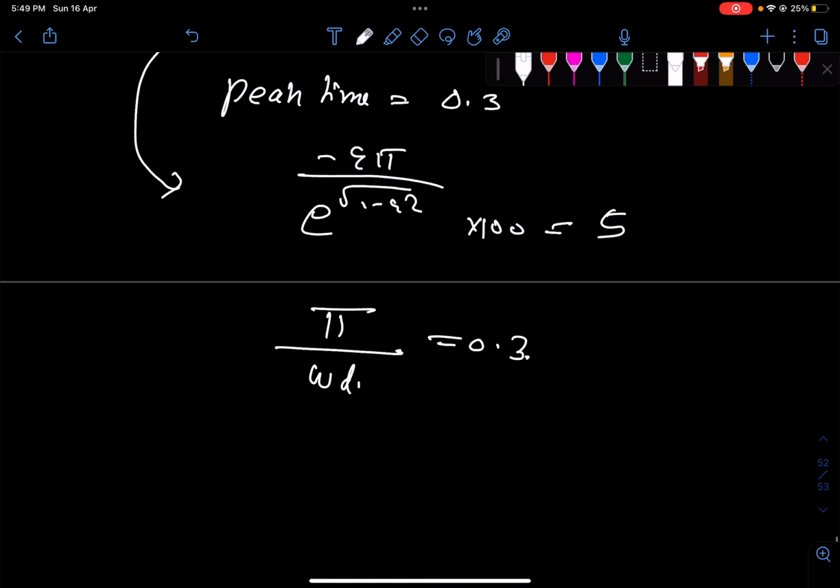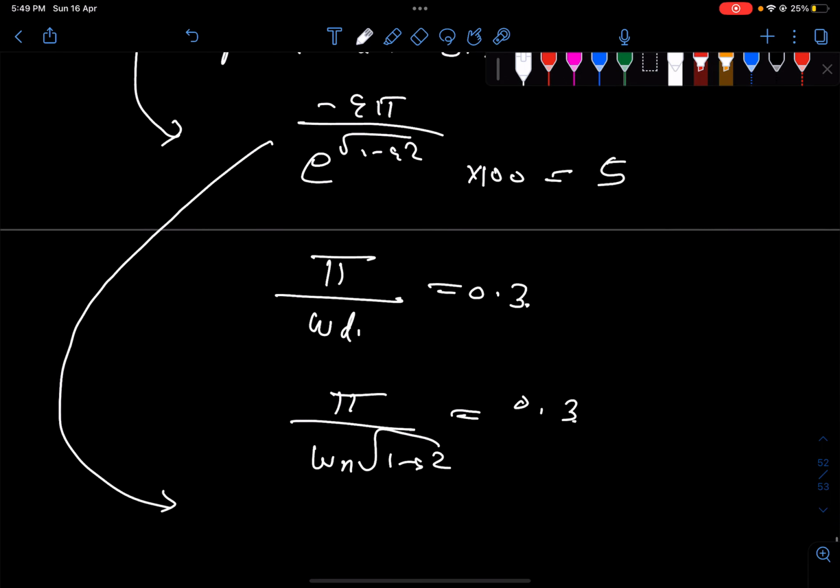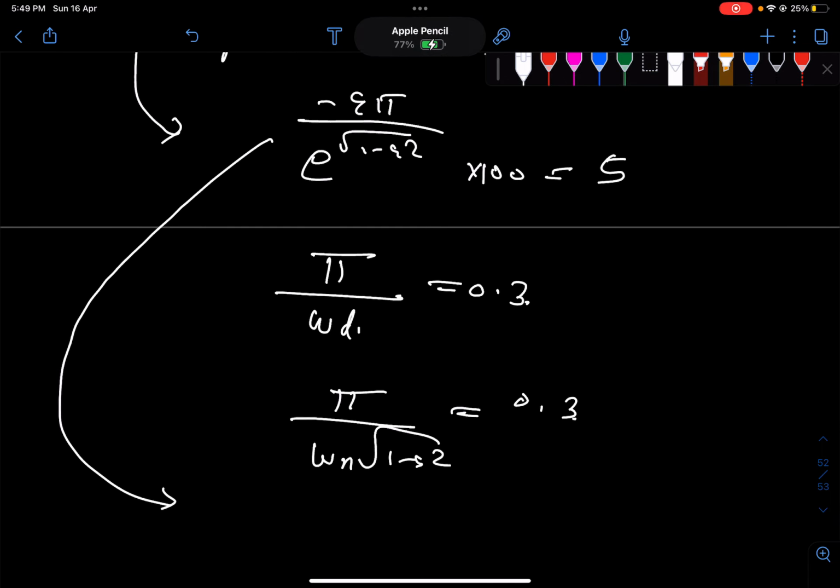Omega d is what? Pi divided by omega n root of 1 minus zeta square, equals 0.3. So from here I can get the zeta value, right? So let me find out the zeta value. Wait a sec, guys.